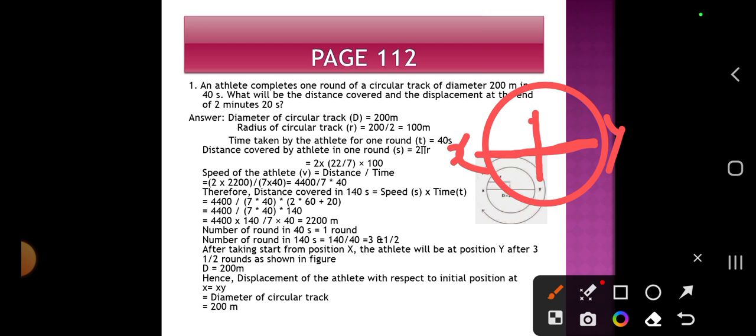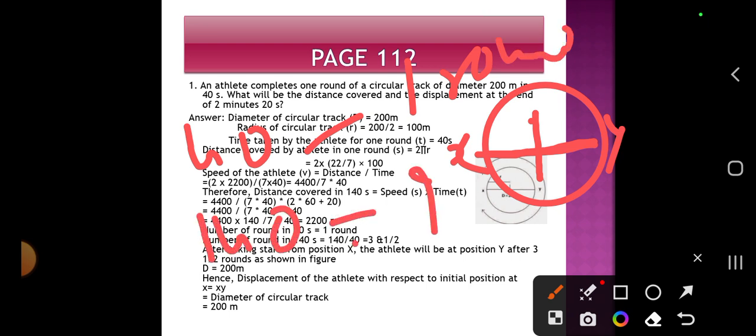Got it? Now we know that in 40 seconds the athlete completed one round. In 2 minutes 20 seconds, how many rounds will the athlete complete? So we will divide 140 by 40, because in 40 seconds the athlete completes one round, then in 140 seconds, how many rounds?